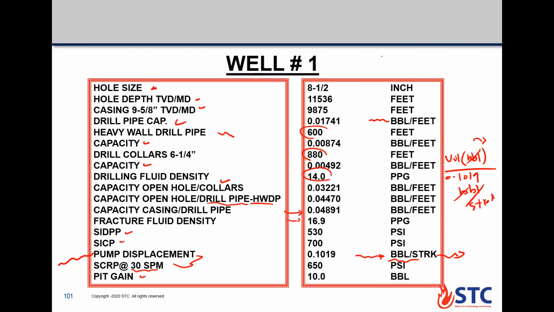So let's say if we have 400 barrels and we need to convert into strokes, so let's divide over 0.1019. Let's calculate. So it will be 400 over 0.1019.